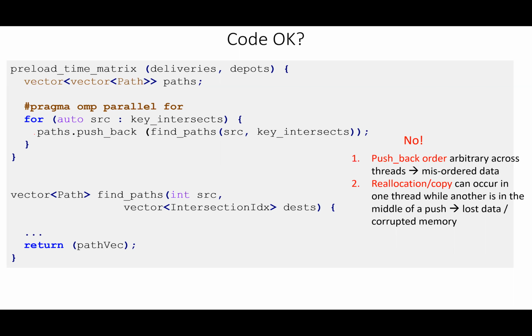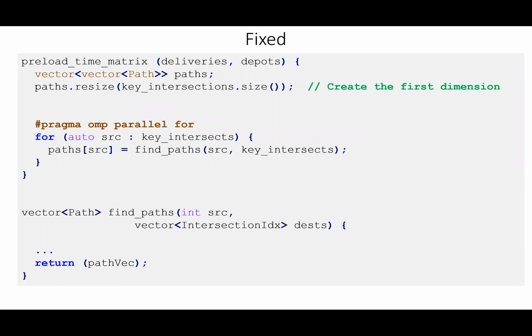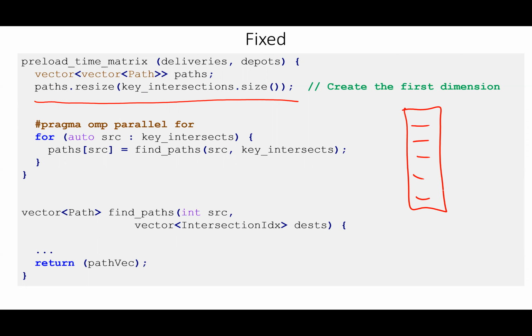Yeah, that's exactly right. So basically, we use resize to create the entire first dimension. The whole first dimension now has an empty vector in every entry, but it now exists. So this resize created this whole thing. That was done before we hit the parallel for.